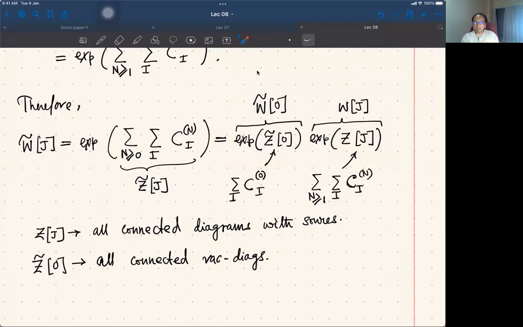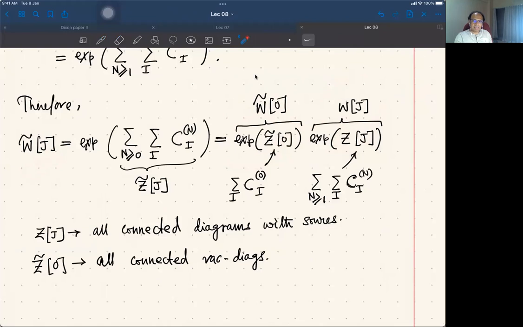But if you had completely dealt with the interacting theory, then there is no vacuum diagram, because the vacuum state is defined by construction. Its overlap is 1. So that is why W0 is 1. That is the vacuum overlap. But this part is arising because of the way we defined it. But it's not a problem.